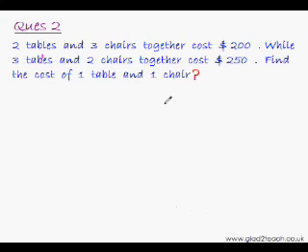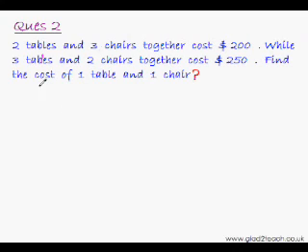So now let me do it. So like always, let the cost of one table be x and one chair be y. Rather, we can use the alphabets T and C in place of x and y. So let the cost of one table be T and cost of one chair be C. So 2 tables and 3 chairs together cost $200.